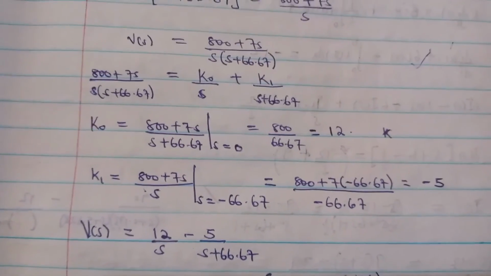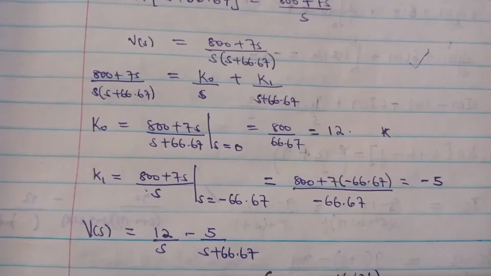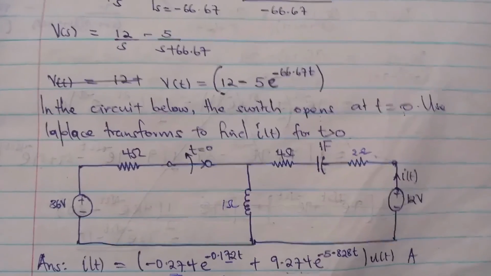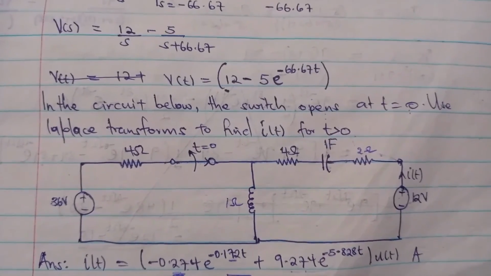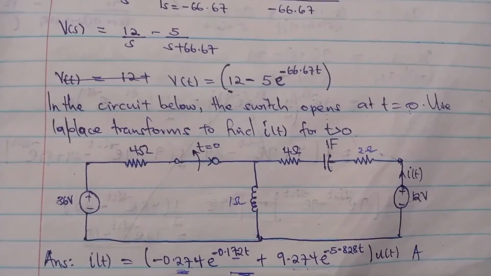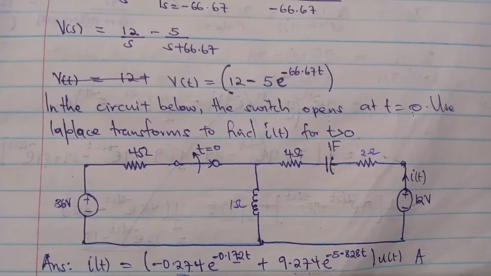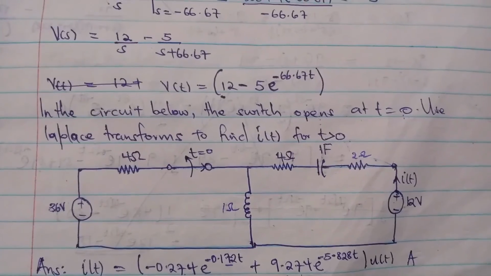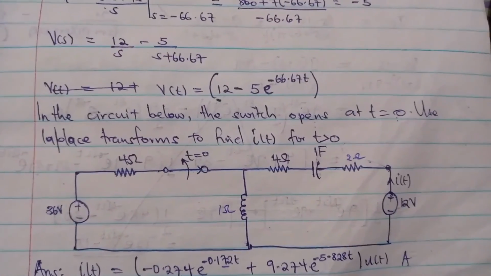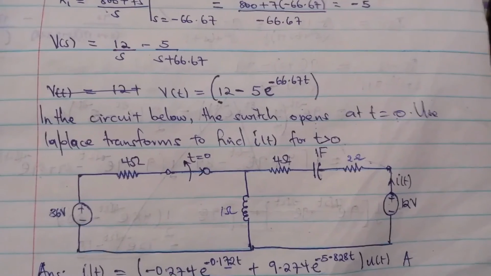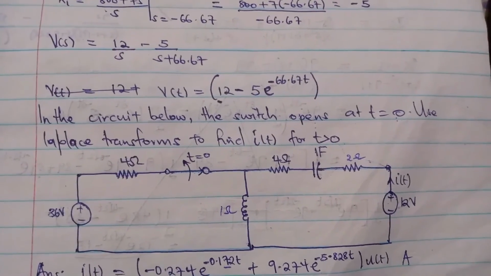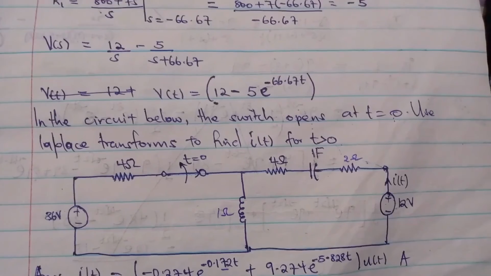And the final expression we are having is of that kind. Now, the next step is to transform the frequency domain equation into the time domain equation, which is an easy task, and it's left for you. The final answer is V of t, which is equal to 12 minus 5 exponent negative 66.67 t.